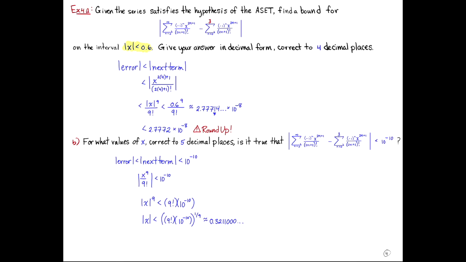So looking at our 5th decimal place, we have 0.32110, giving us our final answer, the absolute value of x less than 0.32110. When you're looking for the domain of x, you should always truncate your answer.